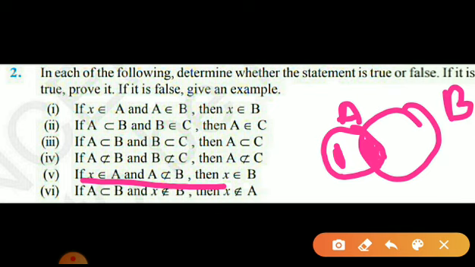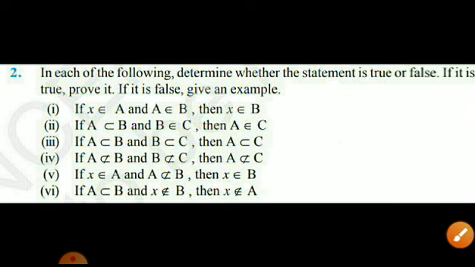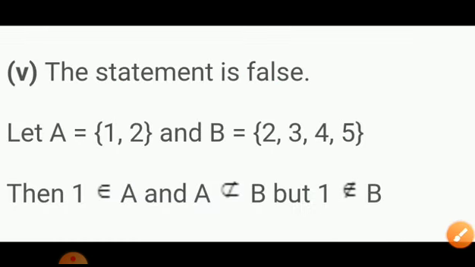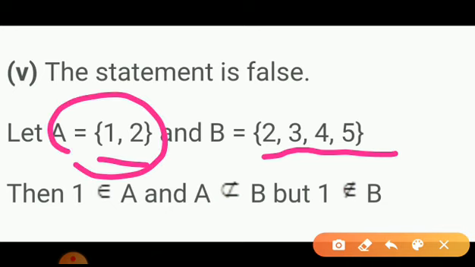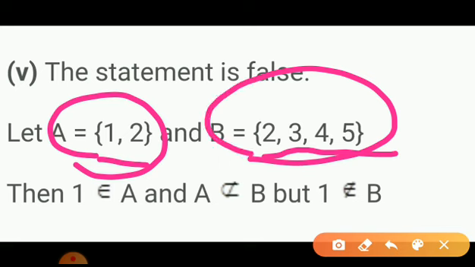No. That means this statement is false. So the example will be: suppose you take A as {1, 2} and B as {2, 3, 4, 5}. Now here 1 belongs to A, but 1 is not a member of B.